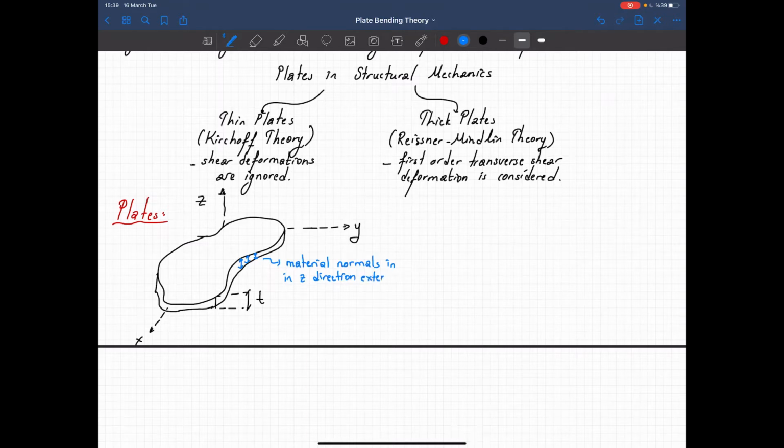Extending T/2 above and below. And by definition, we are saying that all the loadings must be in the transverse direction.